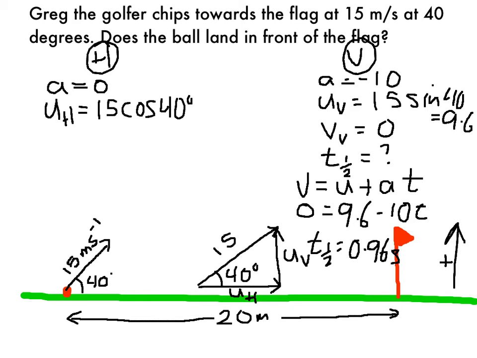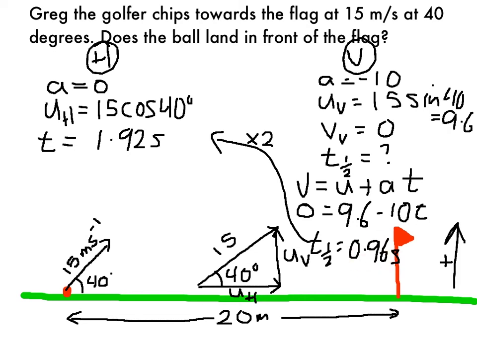So it takes 0.96 seconds for the ball to reach halfway through its flight. If we want to make use of that and bring it over here, we'll multiply it by 2. And so t for the whole flight will be 1.92 seconds, twice this quantity here.